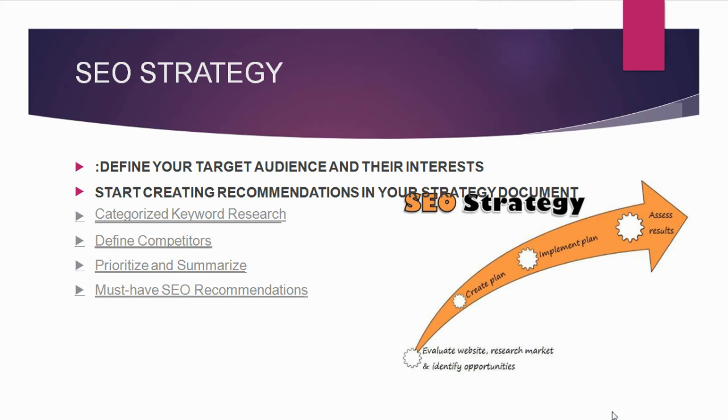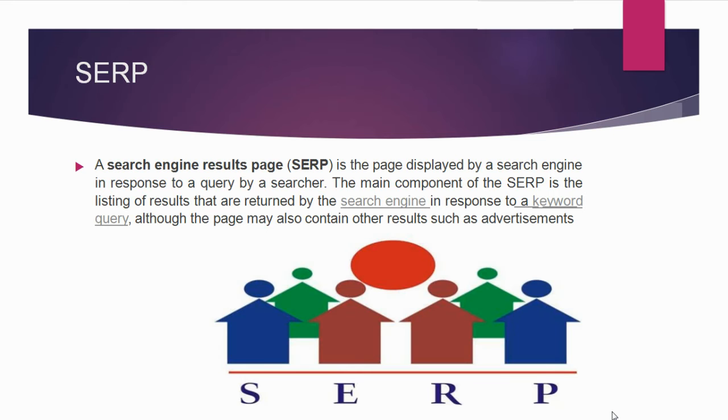The next line is prioritize and summarize. Must have SEO recommendations, which I've already spoken about. It says create, implement, and access results. SERP. Now, a search engine SERP simply means search engine result page.